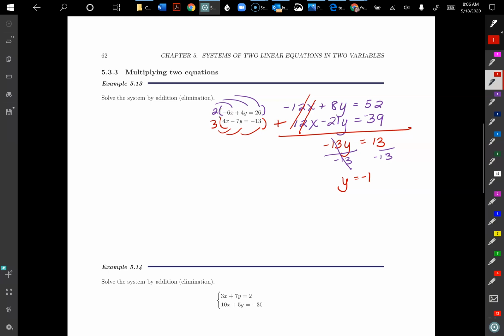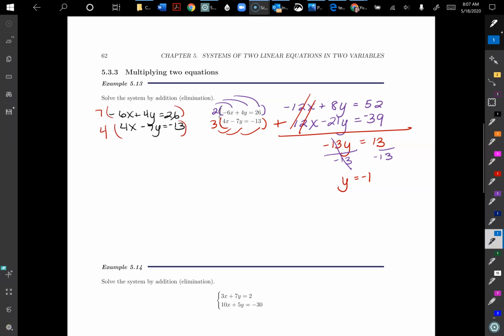This one I feel like it's pretty easy to back sub in, but I want to show you what if I went the other route and I multiplied out and eliminated the y values, just so you can see how that works, or if you want to try that. But you can go ahead and back sub. You should get negative 5 for your x value.